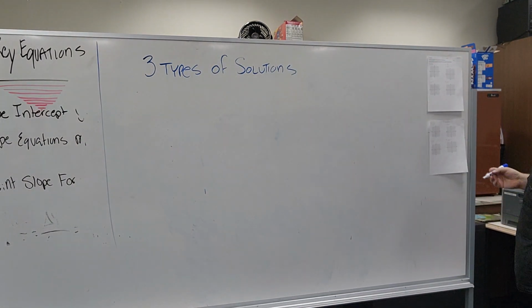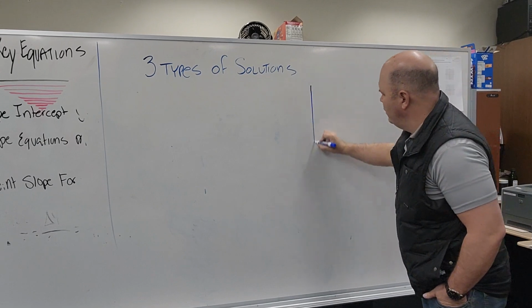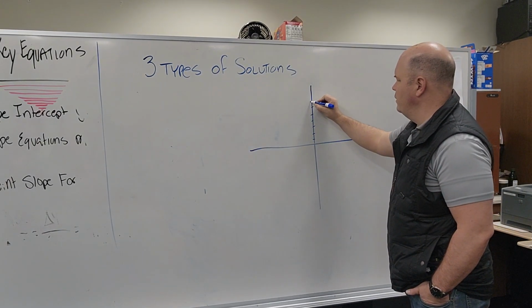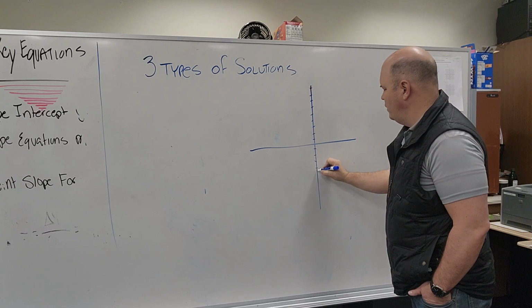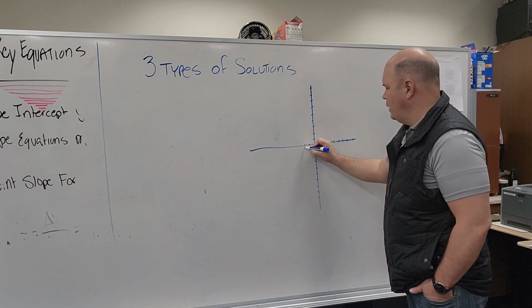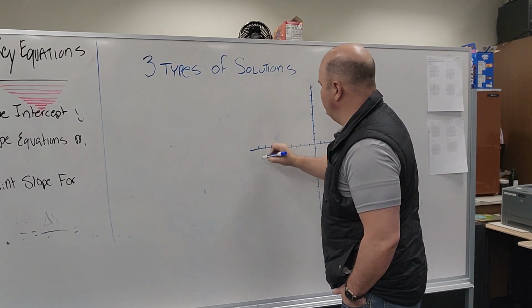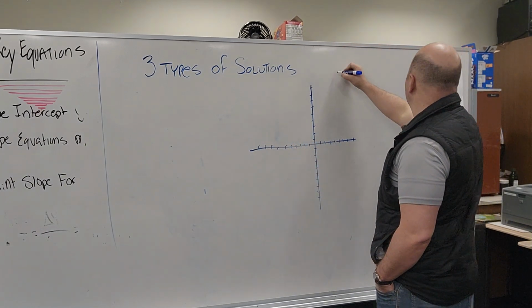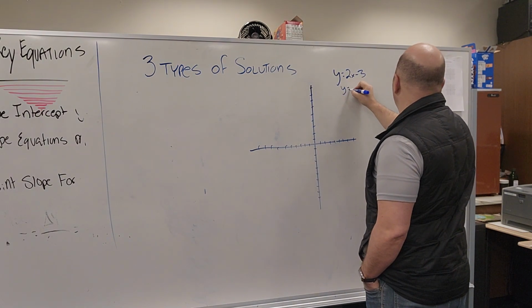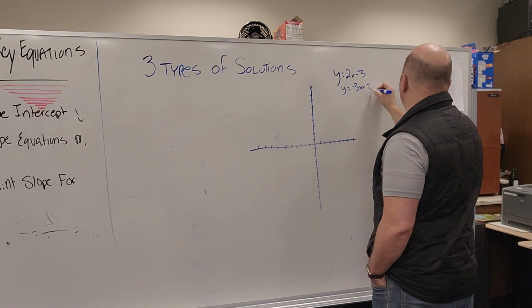Okay, so for example 1, we're looking at a graph that looks like this. We'll make some points here. Okay, and we have a system because there's two lines on this graph. And these lines are y = 2x - 3 and y = -3x + 2.